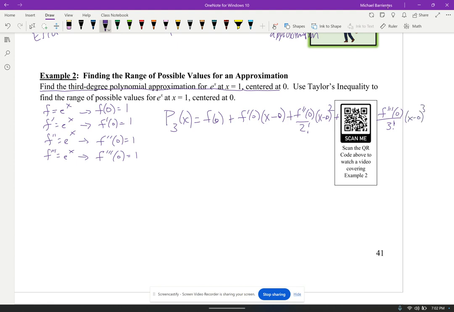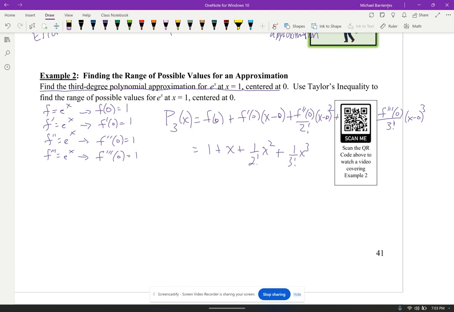This is the setup we need, but because we know these values, I know it's 1 plus 1 times x minus 0. Oh, x minus 0 is just x, so this is just x plus 1 over 2 factorial times x minus 0, which is x squared, plus 1 over 3 factorial times x to the third.